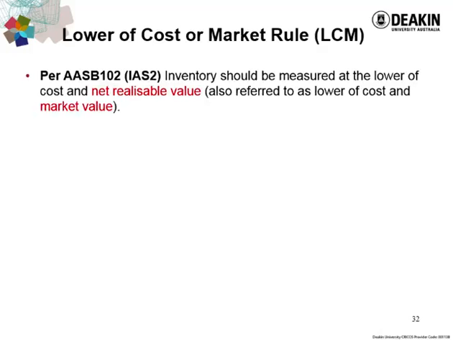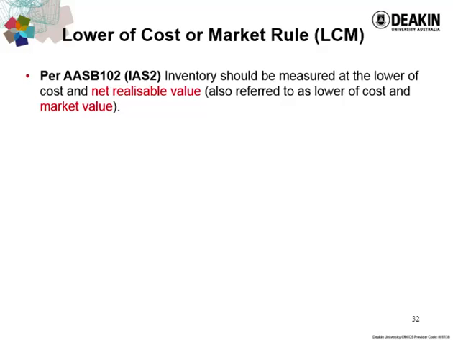Finally, we ask a question: do we need to compare the book value of our inventory with the market value? The answer is yes, because according to IAS 2 or FRS 102, we need to record inventory at the lower of cost and net realizable value.